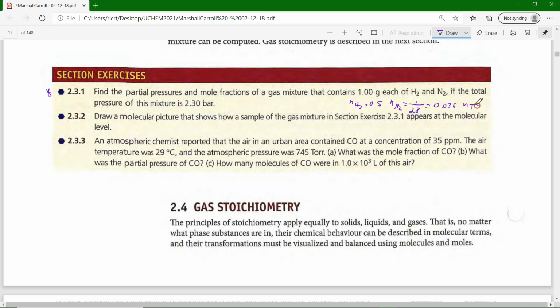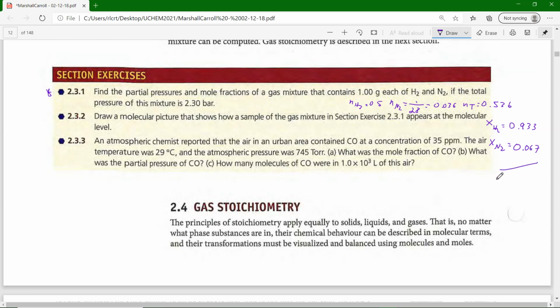So the moles total is 0.536. I can get the mole fraction of hydrogen, which is 0.5 out of 0.536, which is 0.933. And the mole fraction of nitrogen is 0.036 out of 0.536, which is 0.067.